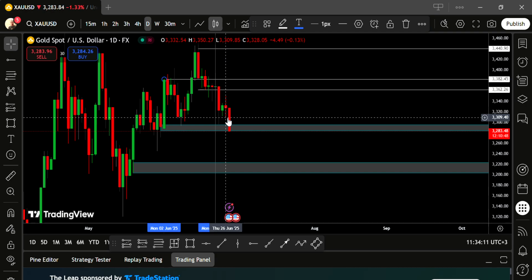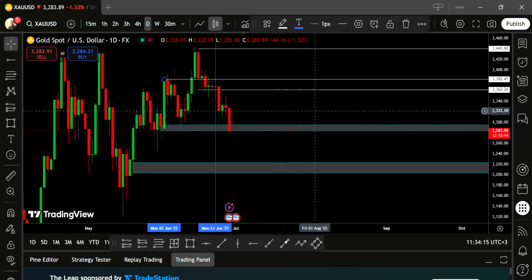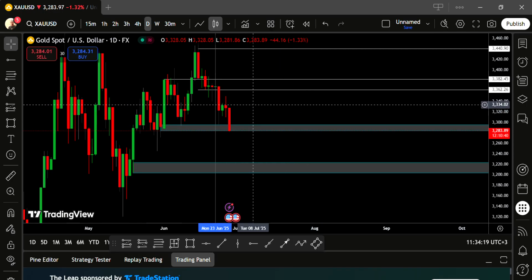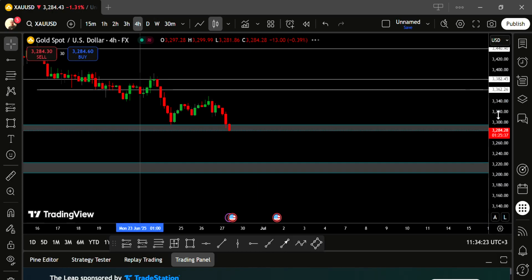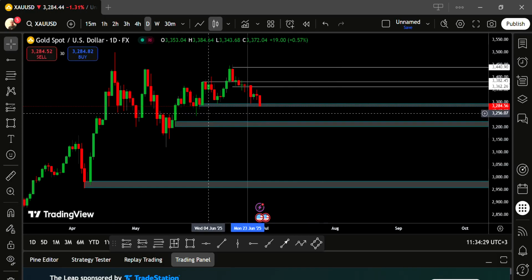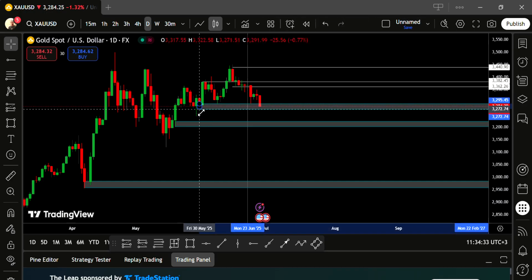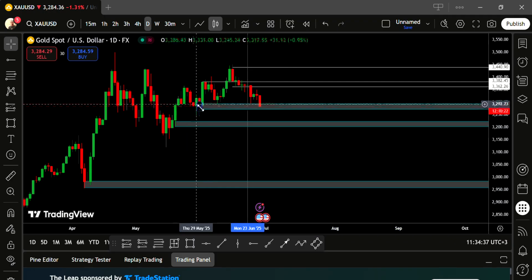So after that, what happened was, remember guys, this is a review. We went to the 4-hour to refine. First, before we go to the 4-hour, do we see any daily demand zones? Yes, there was this one here, which is being violated right now with that big daily candle.